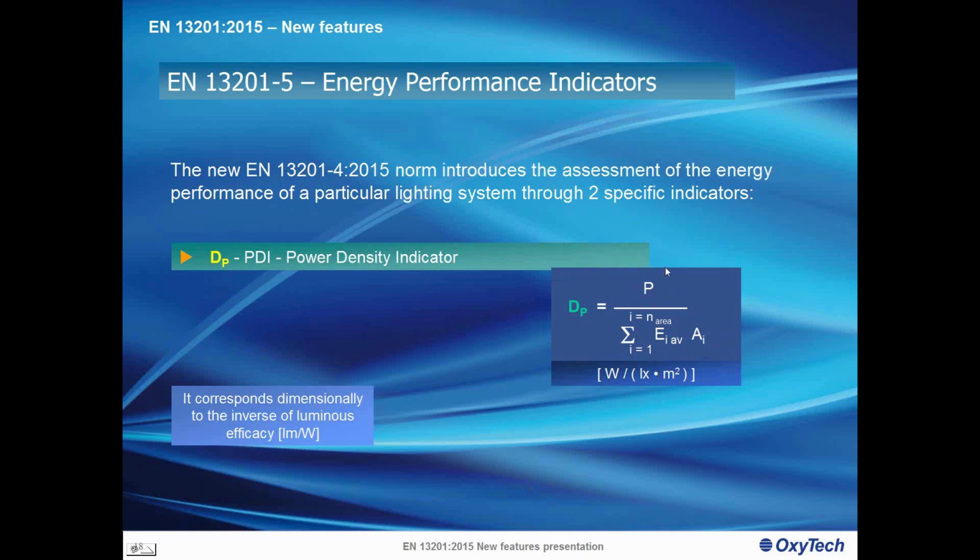So the system power divided by the sum of the different fluxes on the different areas. This is the dimension of the unit of the DP. So it is watt on lux by square meters.